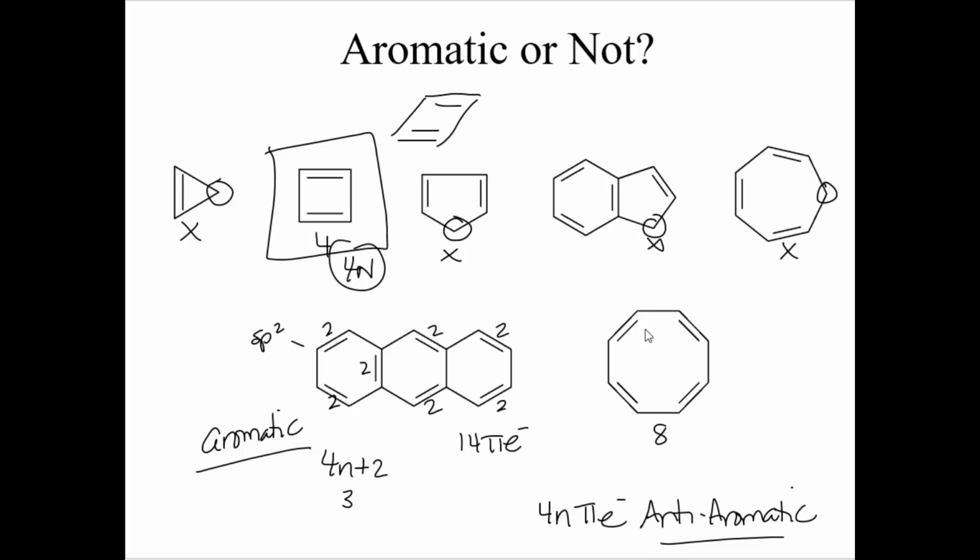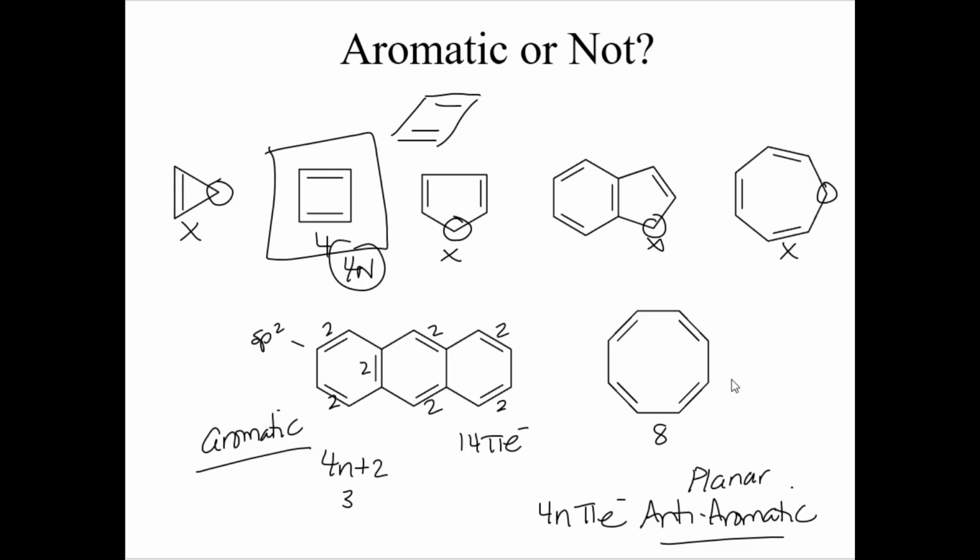I don't know about cyclooctatetraene. I don't know if anybody's done that. I think in this case, if you did make it, it wouldn't be planar. It would kind of pucker, not like cyclohexane puckering, but it wouldn't be planar. But I know for a fact this one has this kind of structure. So molecules can be aromatic if they have 4n plus 2 pi electrons and they are planar. They will be anti-aromatic if they have 4n pi electrons.